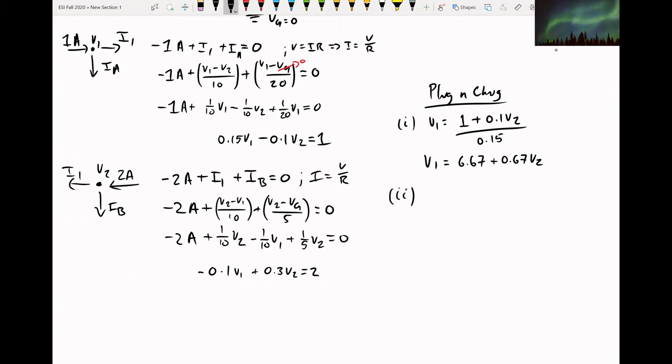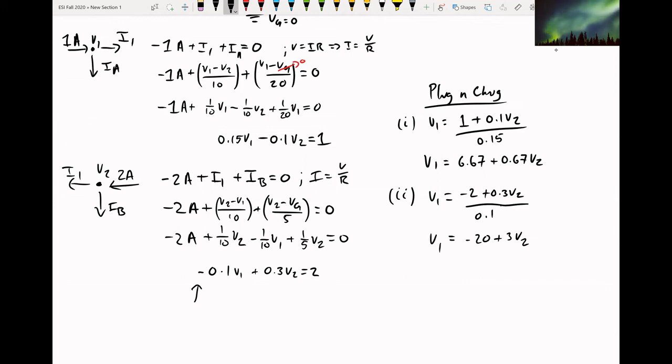We will get V of 1 is equal to negative 2 plus 0.3 V of 2, distributing that negative sign, over 0.1, and that should give us negative 20 plus 3 V of 2, that's equal to V of 1.